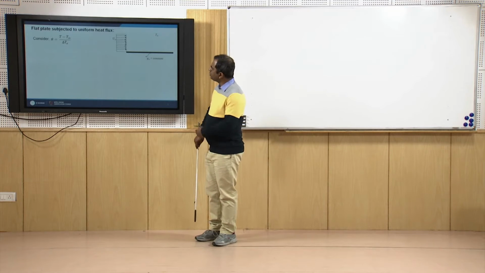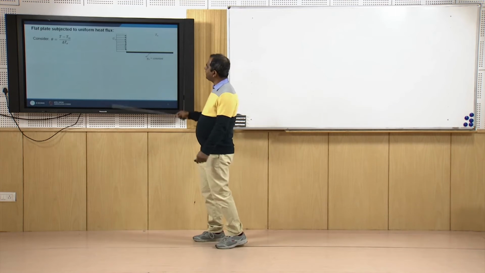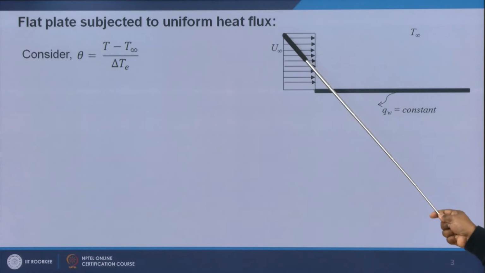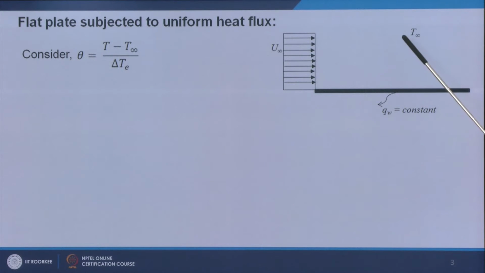Now let me show you the situation that is happening over here. So this is the flat plate, let us say. Free stream velocity is u infinity, and the free stream temperature is T infinity, but in place of wall temperature Tw, now we have the heat flux known, which is Qw, and it is constant in magnitude.